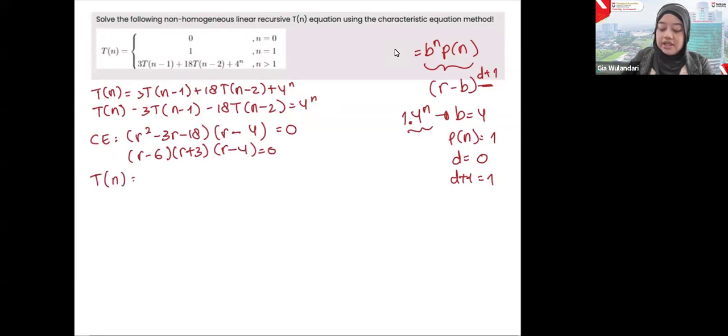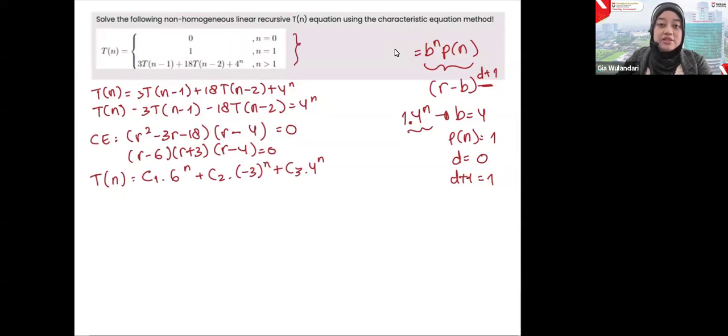And after this, we can solve it like what we did in the homogeneous linear recurrence relation. So we will have Tn is C1 times 6 to the n, plus C2 times minus 3 to the n, plus C3 times 4 to the n. And from here, we can substitute the base cases we have in the problem.